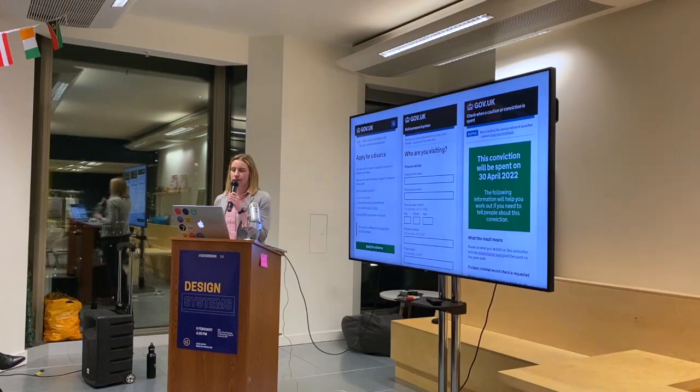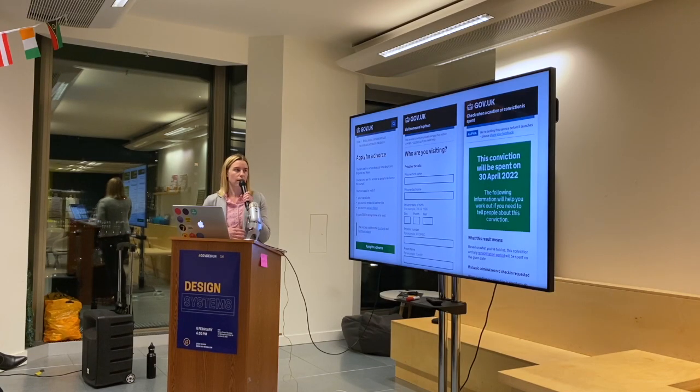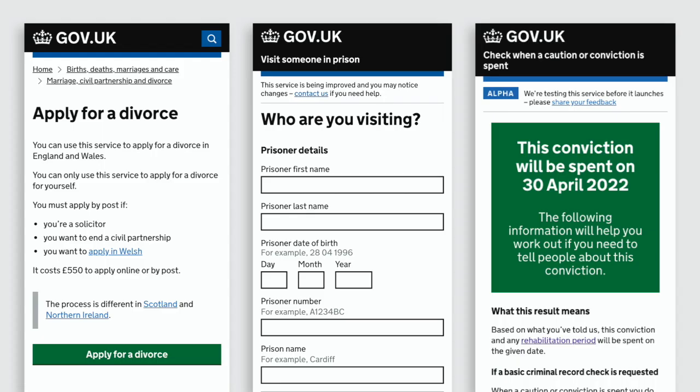So what kinds of services do we do at the Ministry of Justice? Well, we provide things like applying for divorce. Having an online application like this has been really beneficial in reducing the burden on needing solicitors, for example. We also have services like being able to visit someone in prison.